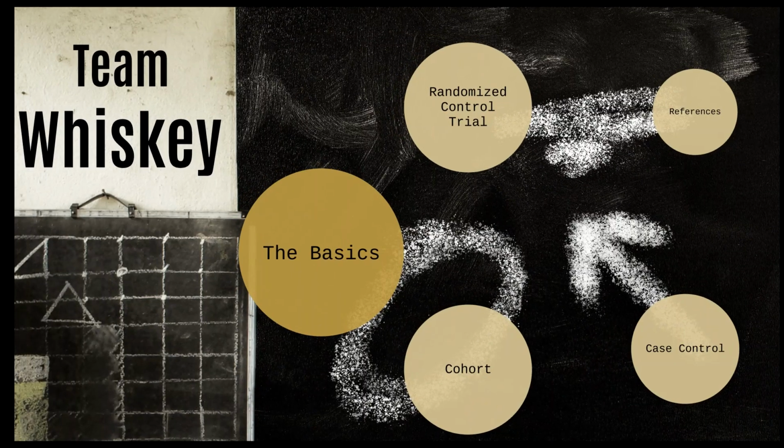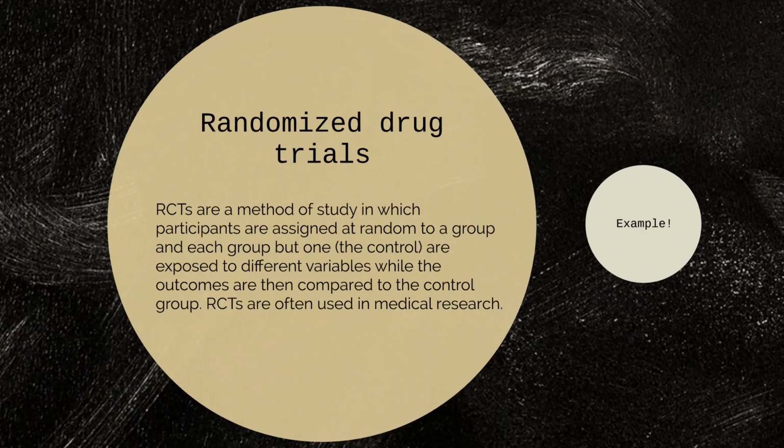So for randomized controlled trials, this is when a medical researcher will take a group of participants and randomly divide them into separate groups and expose them to the exposure of which they desire to compare the outcomes.